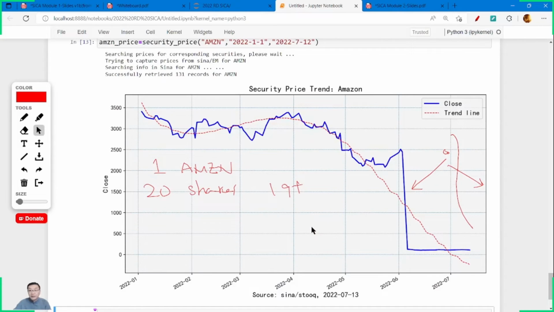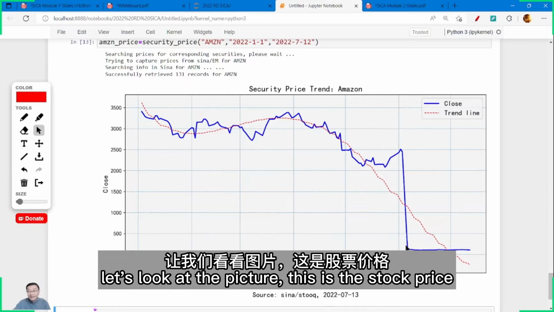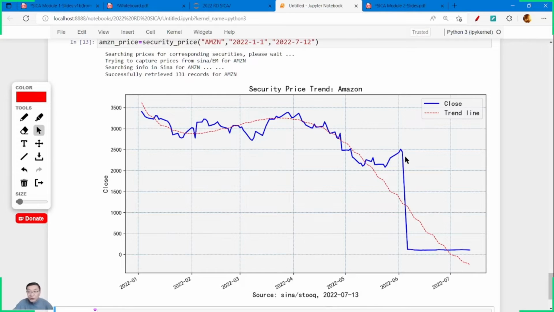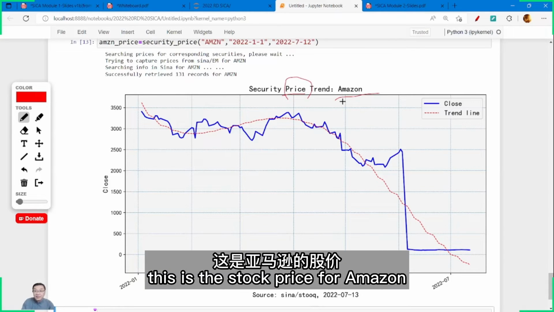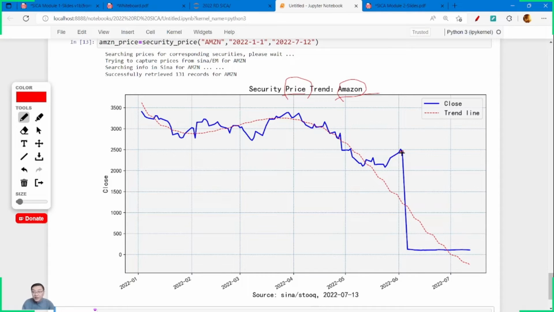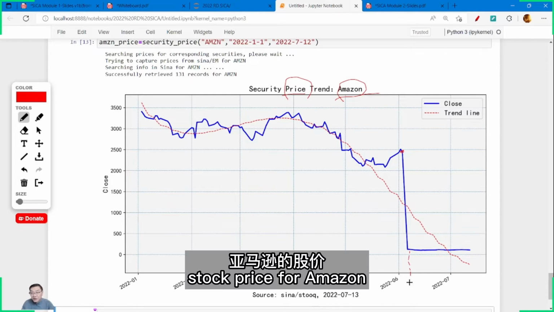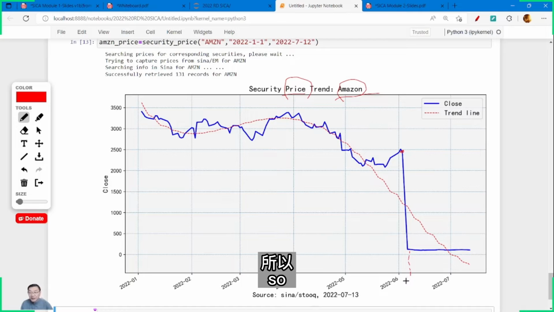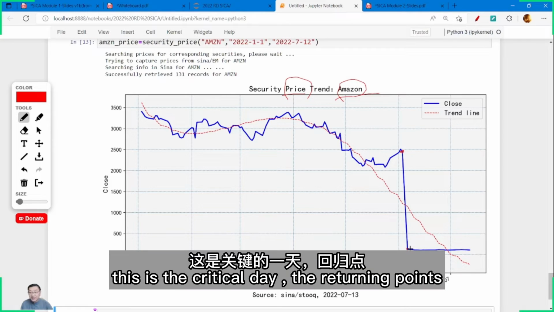Let's look at the picture. This is the stock price. Wow, you look at here. So this is the stock price for Amazon. So this is the critical day, a turning point, June the 6th, where Amazon has a stock split.